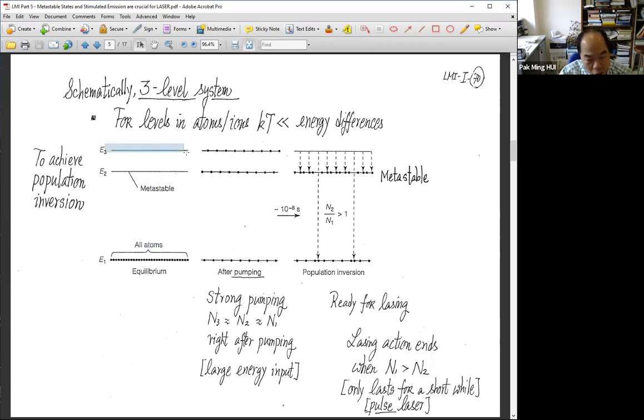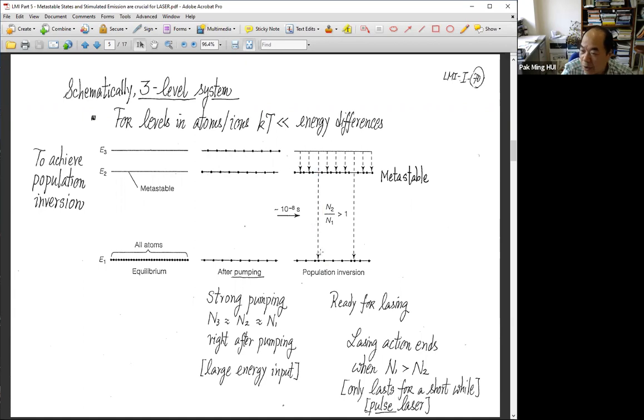But we need a third one in order to achieve population inversion. The design is as follows. This group called number 3 can readily go into number 2 by allowed transitions. Okay, so once you have atoms in 3, it can easily go to 2. Of course, some of them will even go to 1, okay?